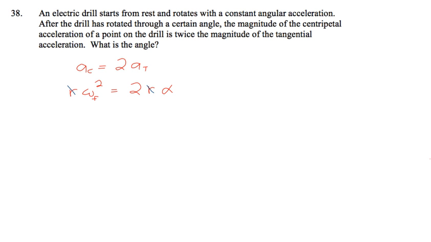Now, I can either write omega f in terms of alpha, or write alpha in terms of omega f. I'm going to do it this way. If omega f squared equals 2 alpha, then what will omega f equal? Square root of 2 alpha.